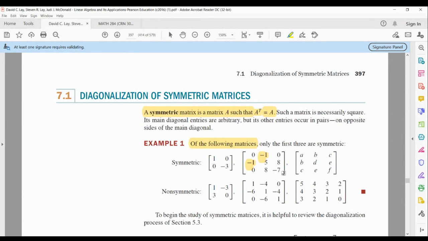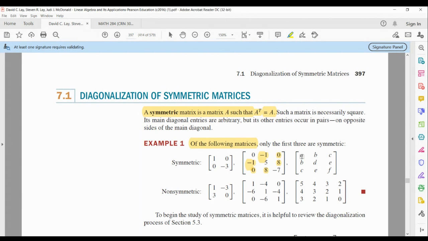Think of that diagonal as a mirror. The 8 is reflected across the diagonal. This 0 here is reflected across the diagonal. So it is a symmetric matrix.